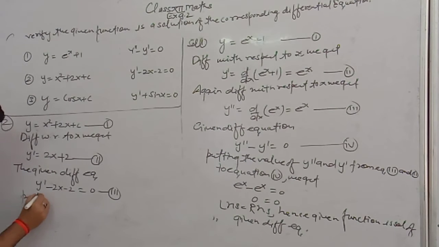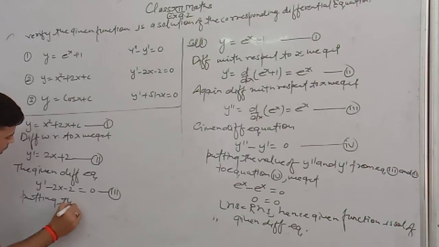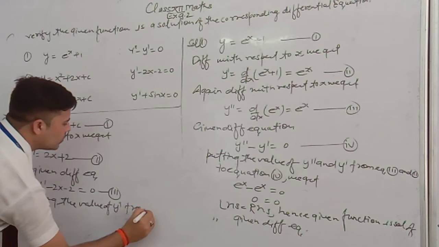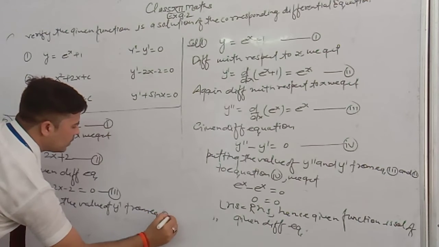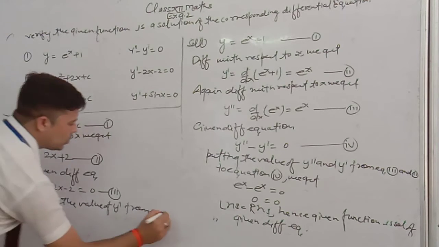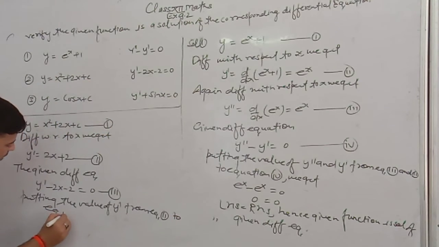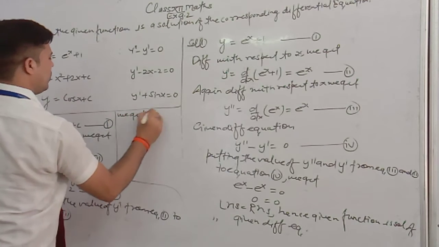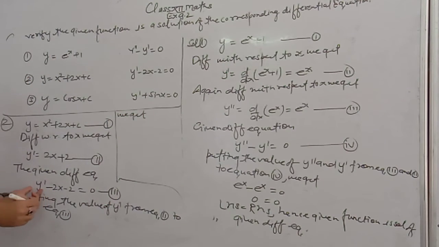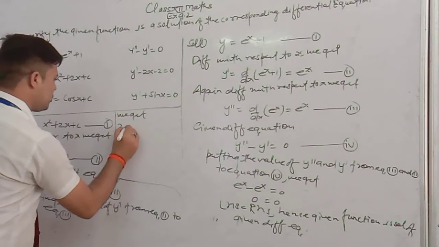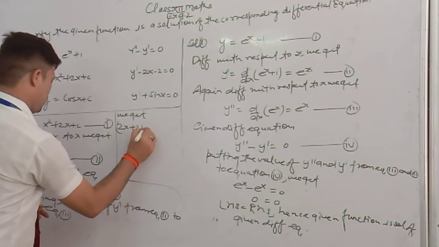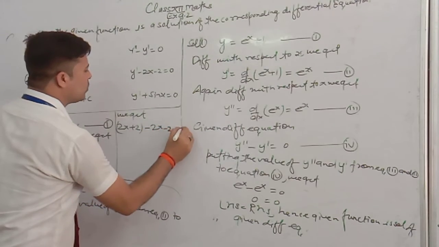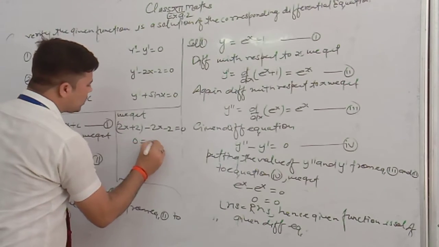Putting the value of y dash from equation 2nd into equation 3rd, we get 2x plus 2 minus 2x minus 2, which is 0.